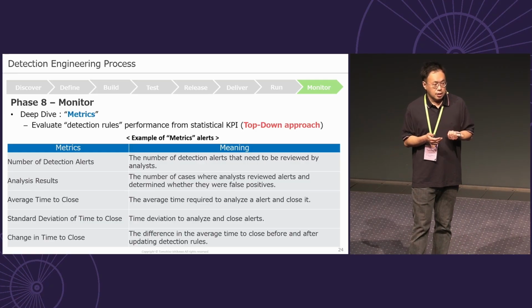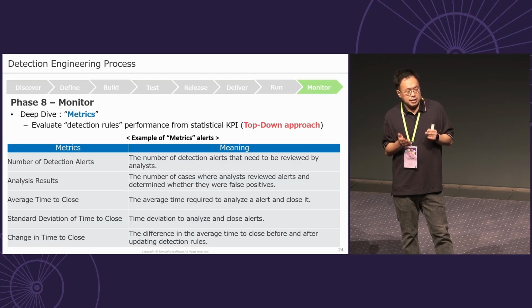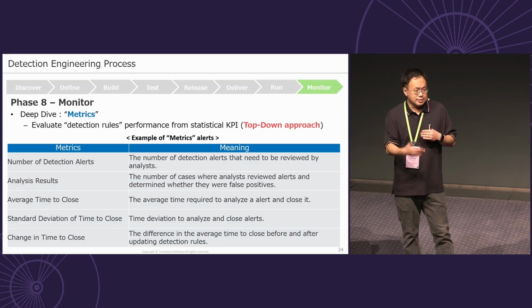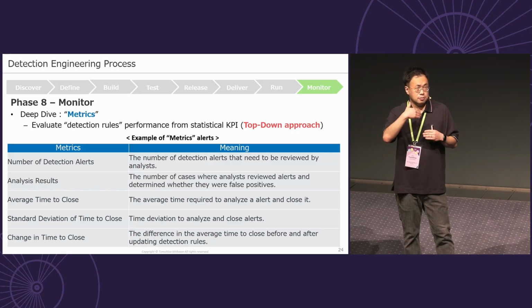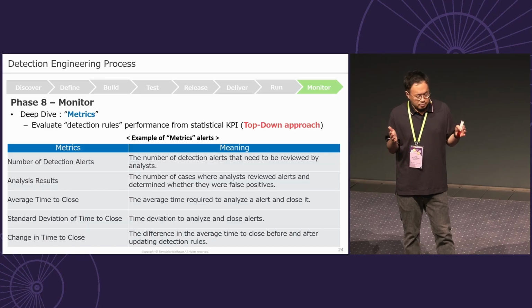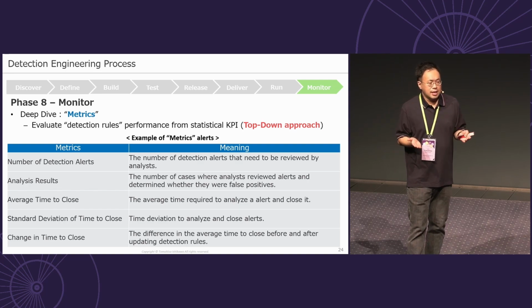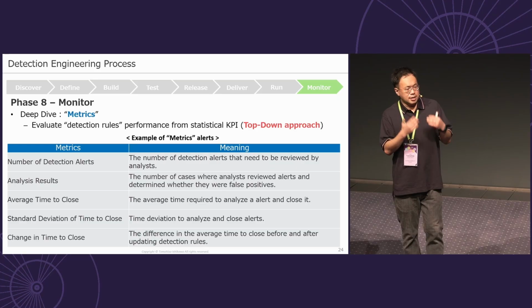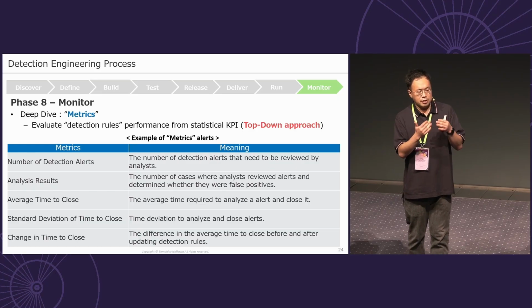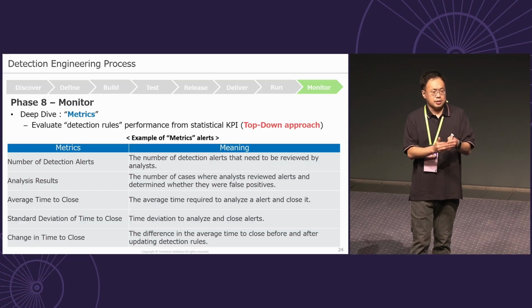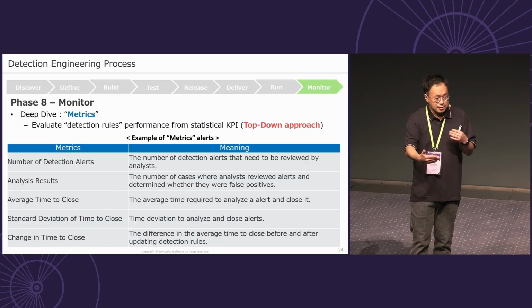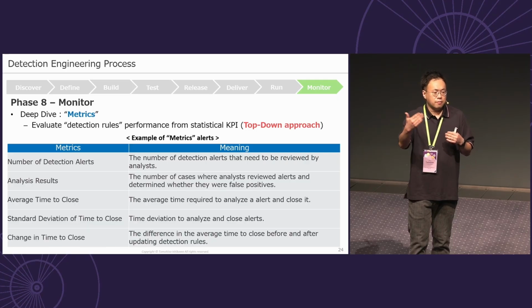This is one portion. Another one is the average time to close. If SOC analysts spend a lot of time closing alerts, it means the alert or detection code only gives limited information to the SOC analyst. That is why SOC analysts do additional analysis on whether or not this is a false positive.